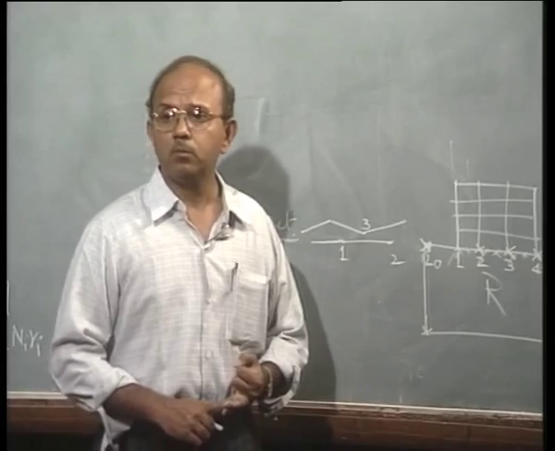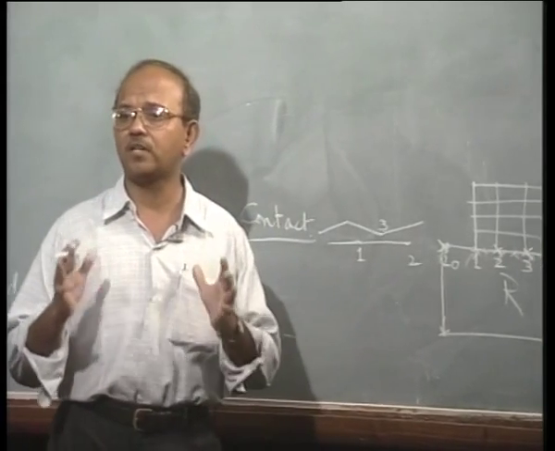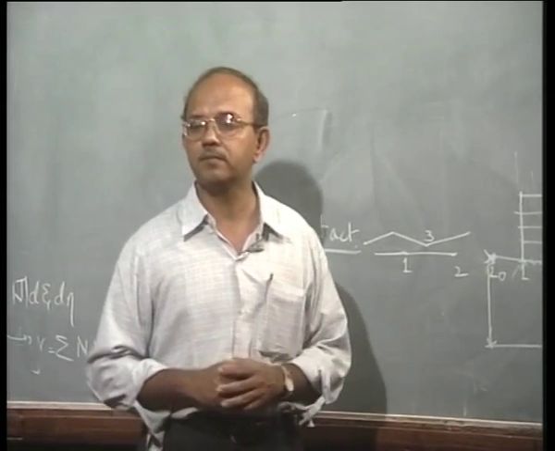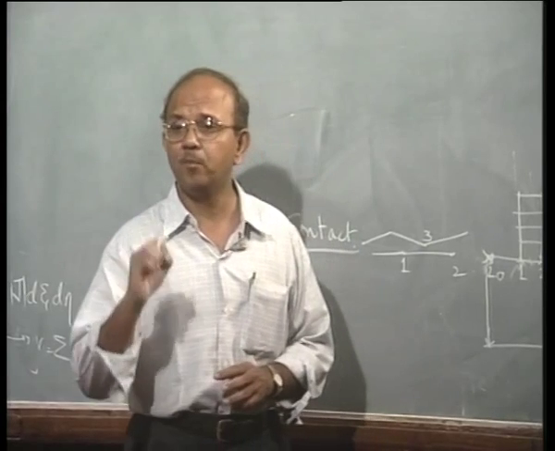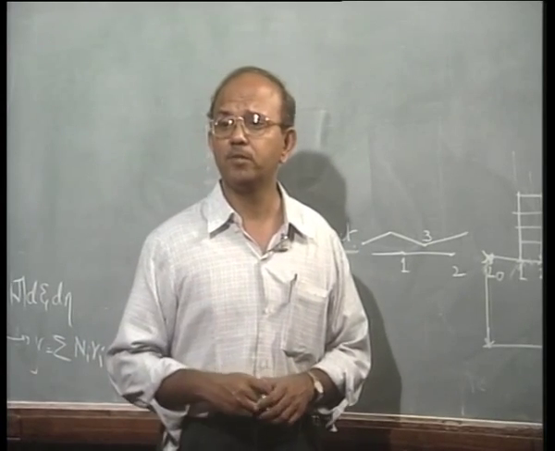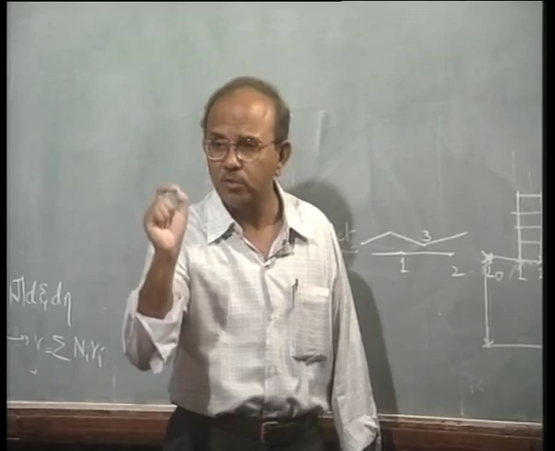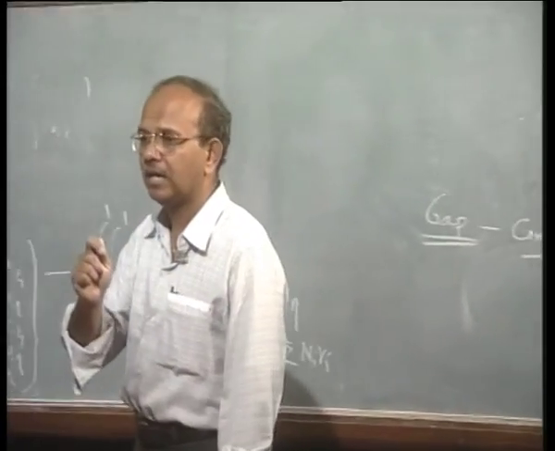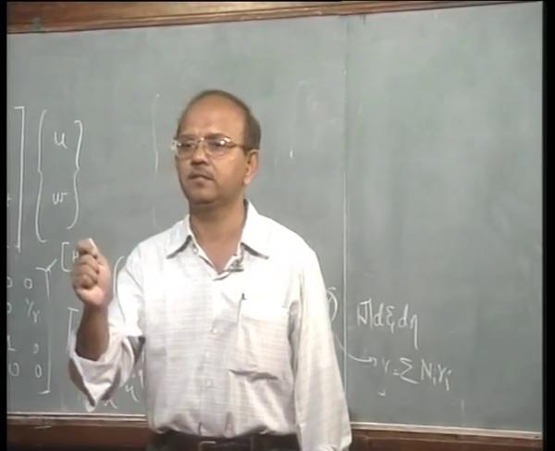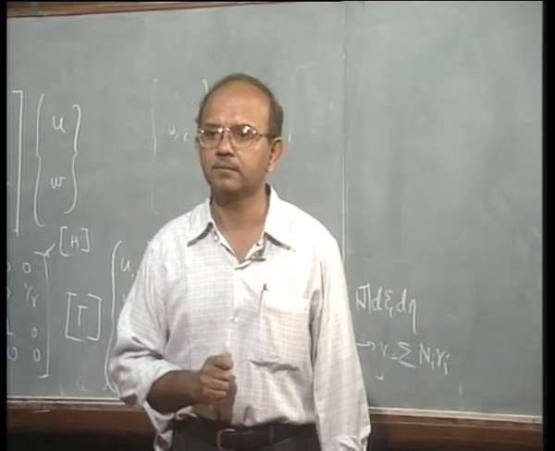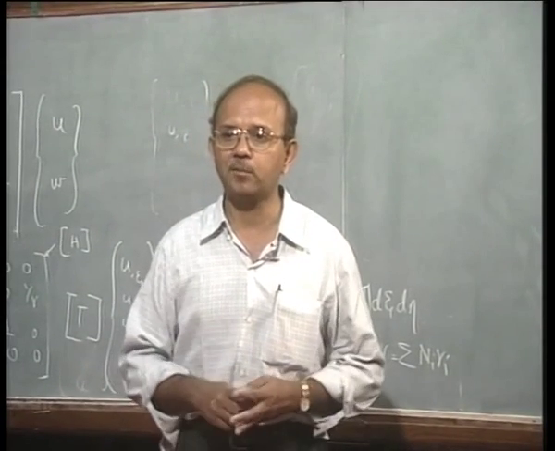Now, what are these contact elements in this case? Contact elements will be formed between the slave nodes, note this carefully, slave nodes and the rigid surface. So, how many contact elements will be there?